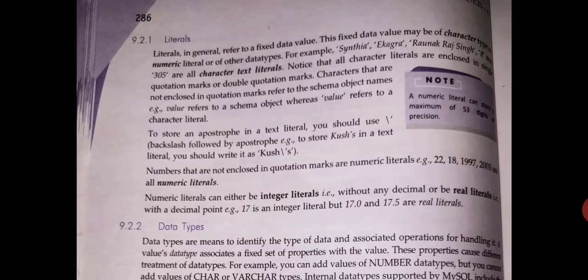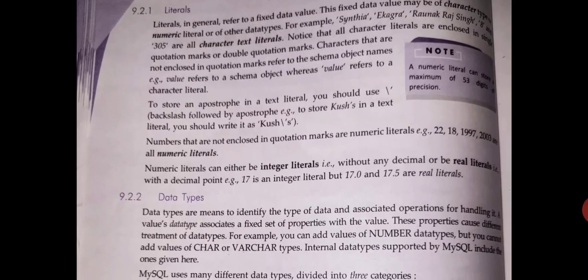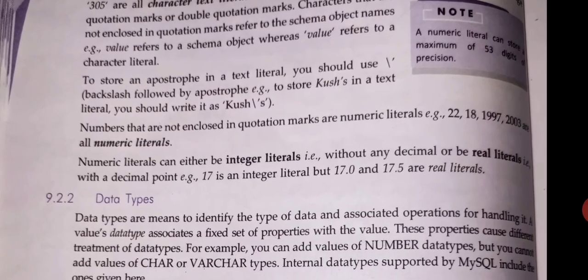Now numbers that are not enclosed in quotation marks are numeric literals, like 2018. Numeric literals can either be integer literals, that is without a decimal, or real literals, that is with a decimal point. You can see this in the example here.